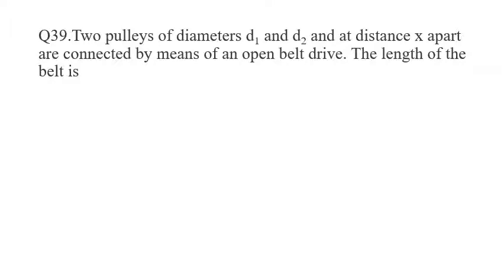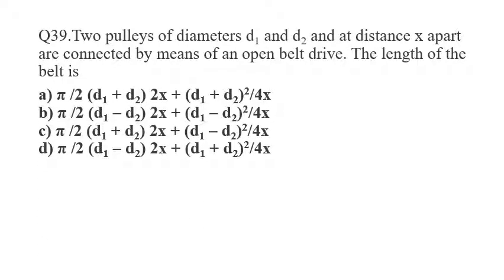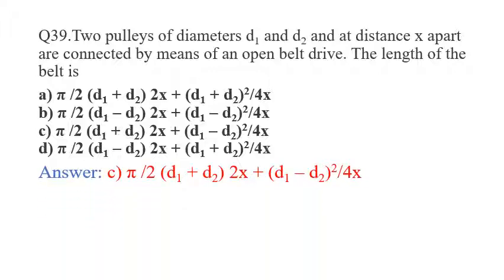Then the length of the belt is given by A pi by 2 (d1 plus d2) plus 2x plus (d1 plus d2) whole square by 4x, B pi by 2 (d1 minus d2) plus 2x plus (d1 minus d2) whole square by 4x, C pi by 2 (d1 plus d2) plus 2x plus (d1 minus d2) whole square by 4x, D 4 pi by 2 (d1 minus d2) plus 2x plus (d1 plus d2) whole square by 4x, and the answer is C: pi by 2 (d1 plus d2) plus 2x plus (d1 minus d2) whole square by 4x.